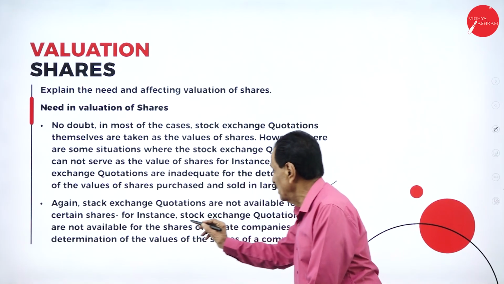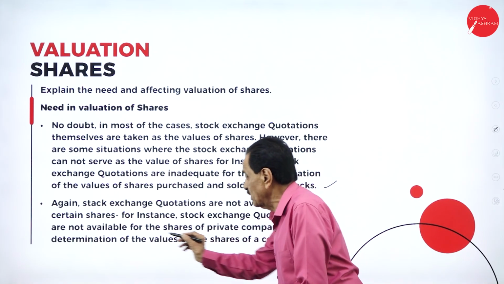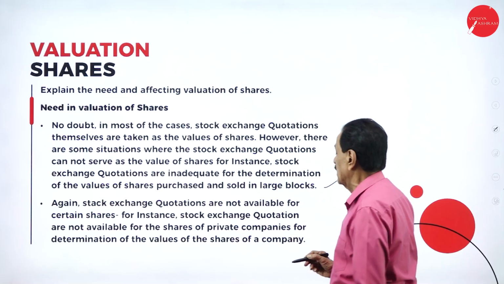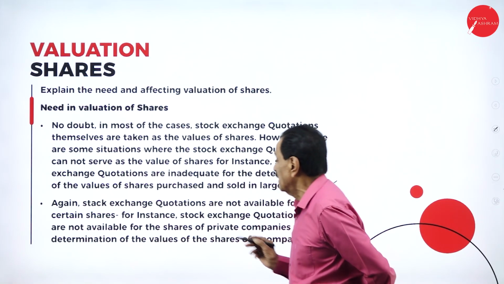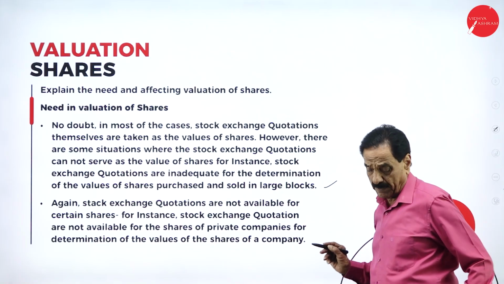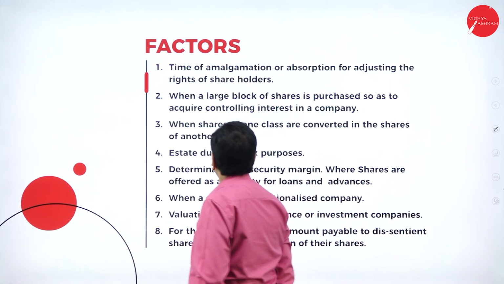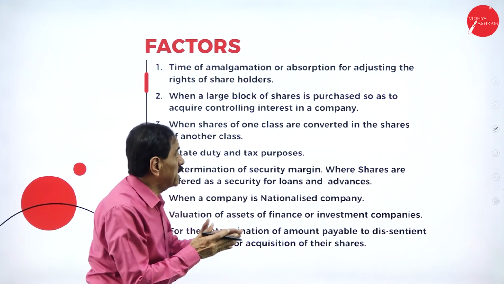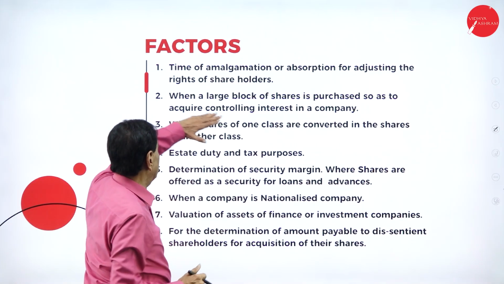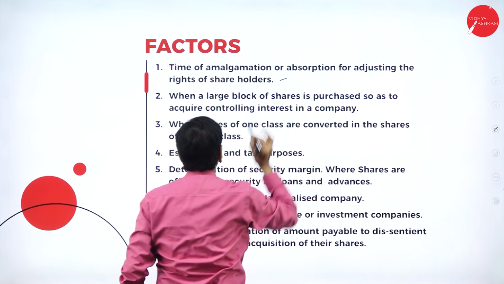For instance, stock exchange quotations are not available for the shares of a private company. Factors for determination of the values of shares of a company: time of amalgamation, when two companies combine together, or absorption, for adjusting the rights of shareholder.